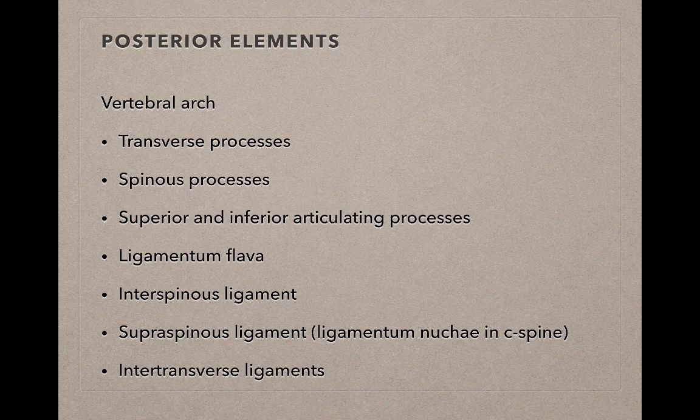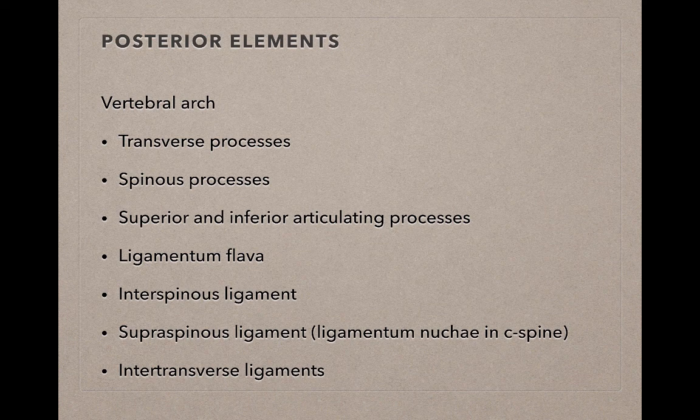The interspinous ligament is a continuation of this ligamentum flavum, and it connects the adjacent spinous processes. So as the name implies, it is found between the spinous processes. The supraspinous ligament is a continuation of the interspinous ligament.